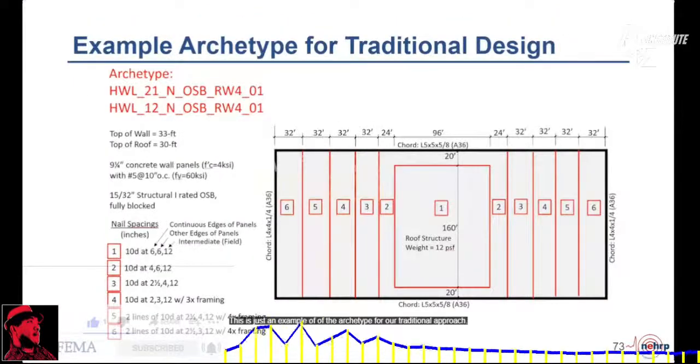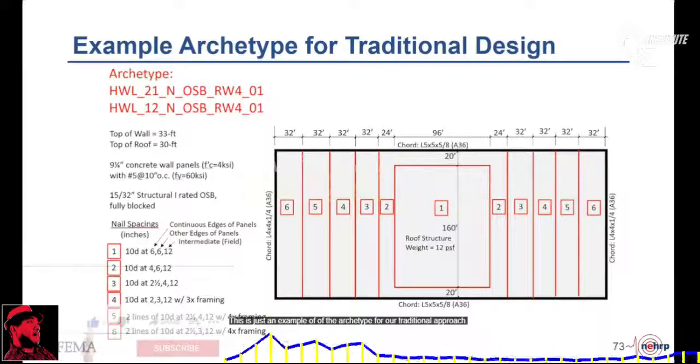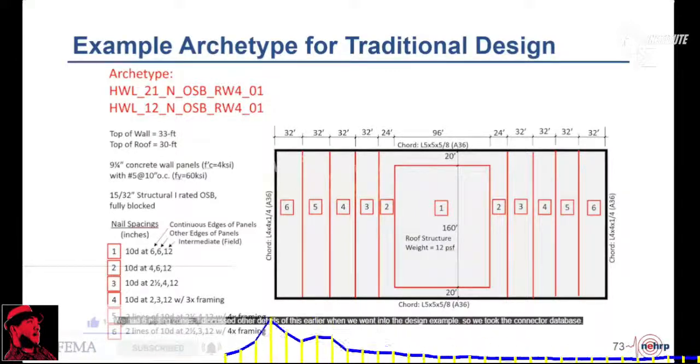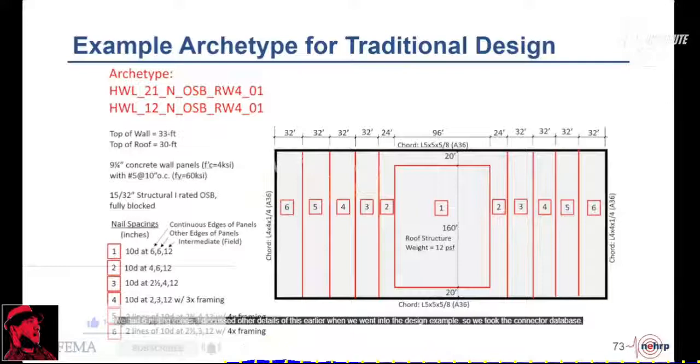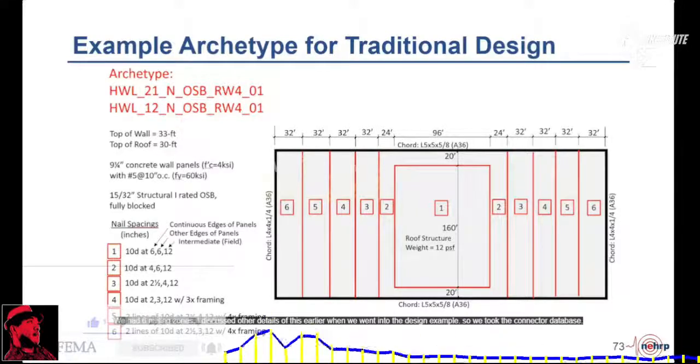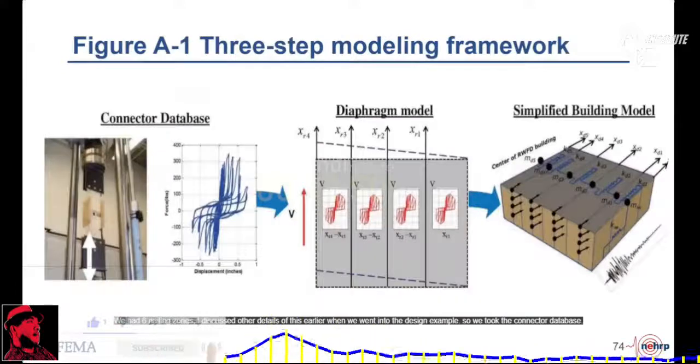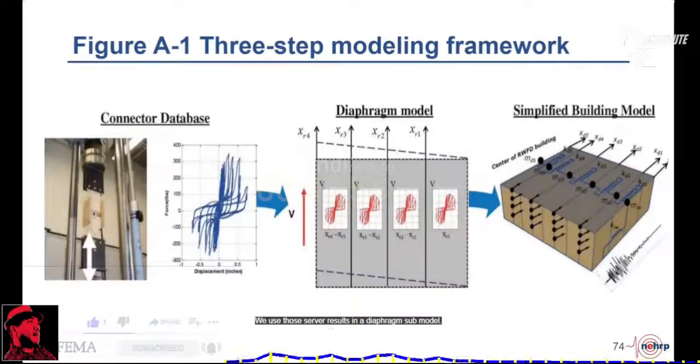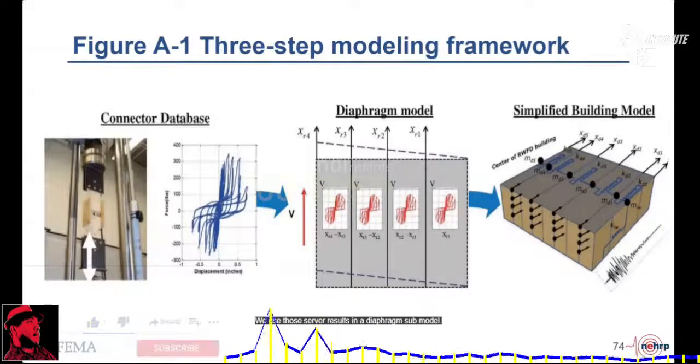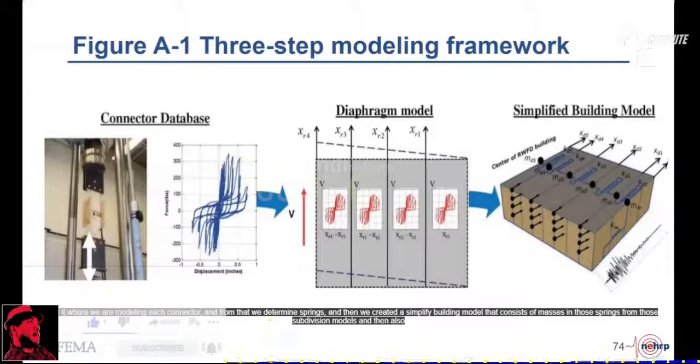This is just an example of the archetype for a traditional approach. We had 6 nailing zones. I discussed other details of this earlier when we went into the design example. So we took the connector database and used those results in a diaphragm submodel, where we were modeling each connector.